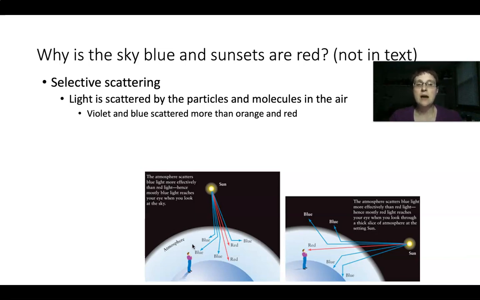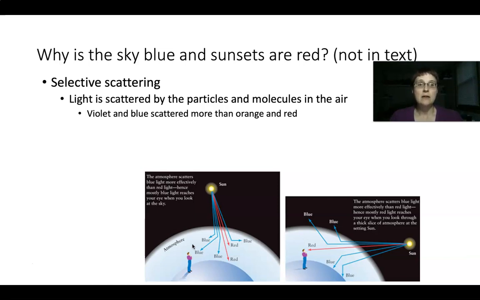It doesn't make the sky appear violet because we can't see violet very well. If you've ever had laser pointers, you may notice that the green ones are actually the ones that we see the best, and that's because for our vision spectrum, green is the best color for us to view.